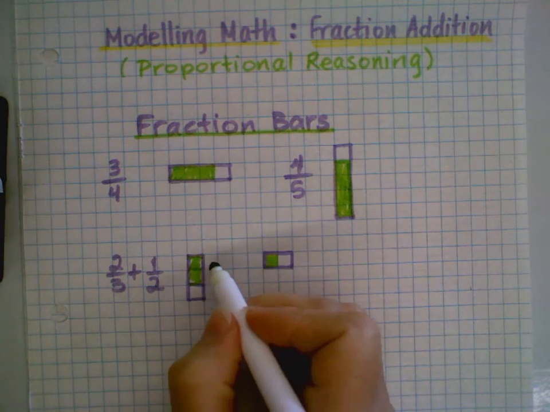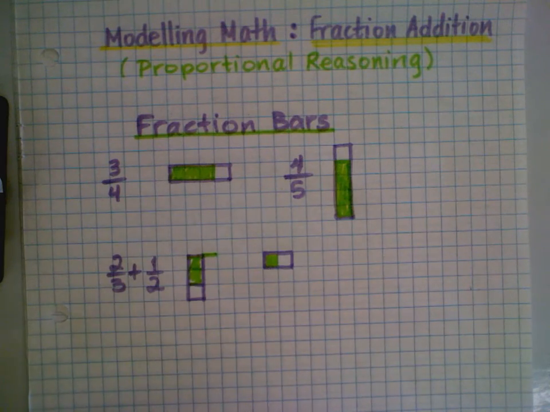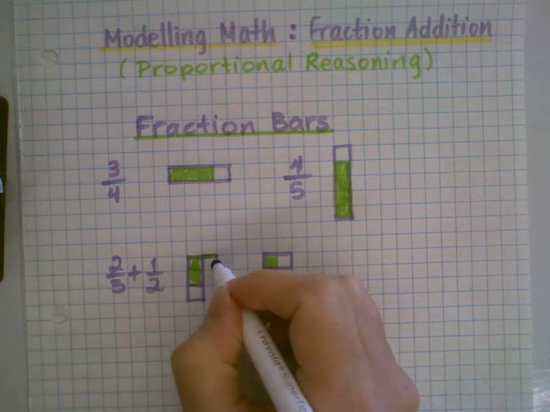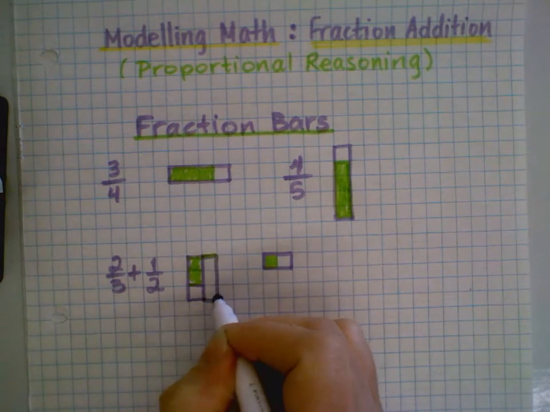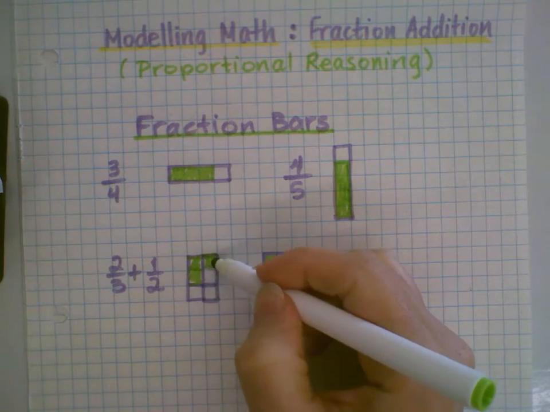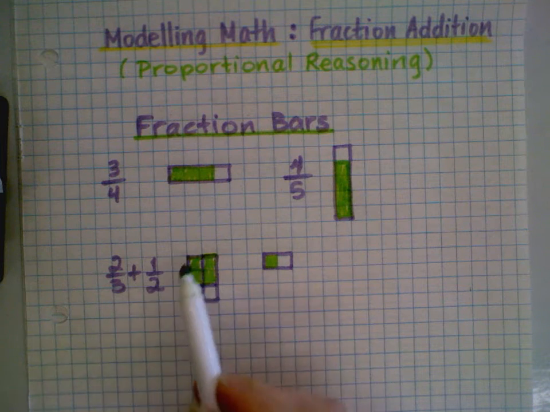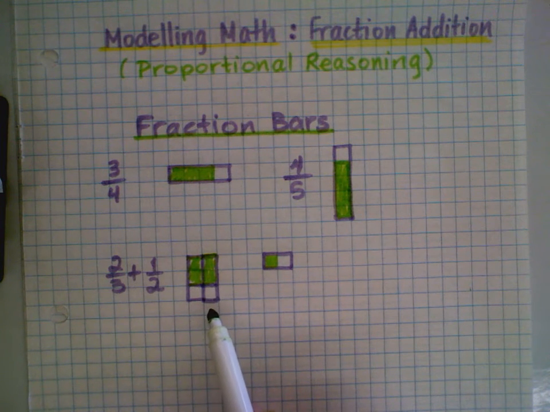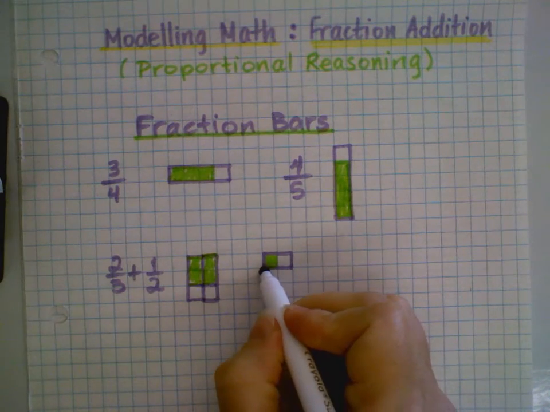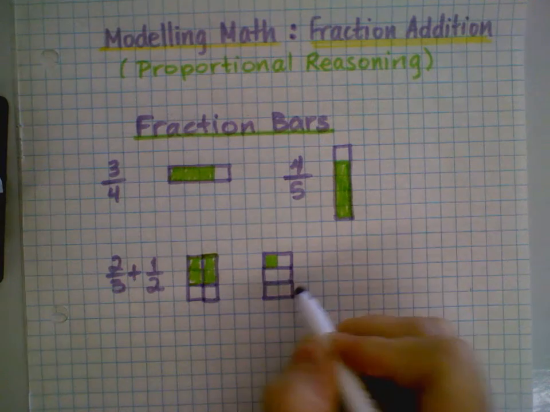So I'm going to do that by duplicating the 2/3. So I do a carbon copy of itself, like this. So I still have 2/3 of that first shape shaded. And then I'm going to do a carbon copy vertically of this other one.